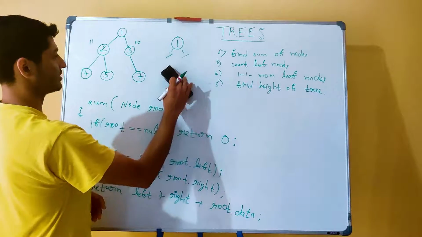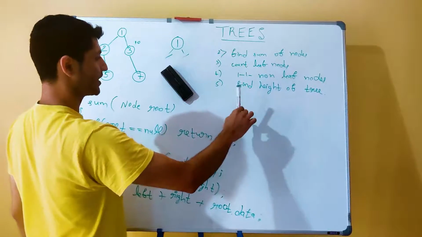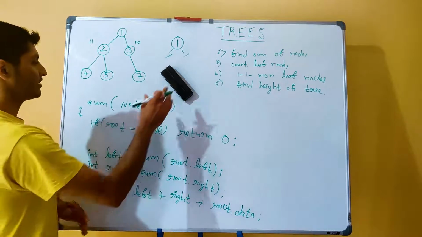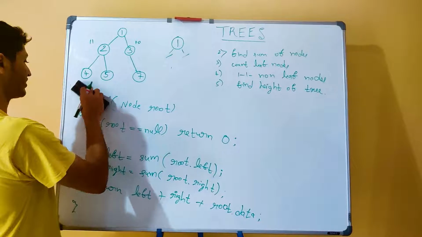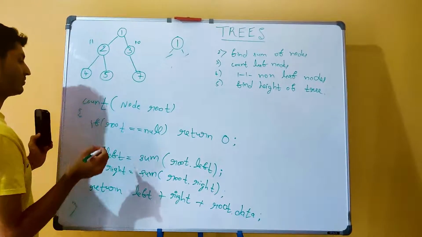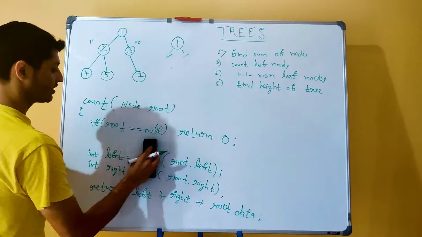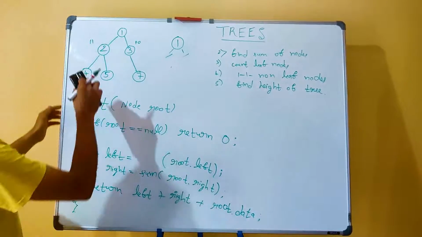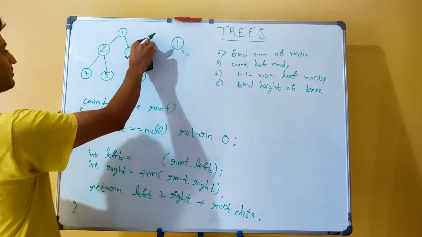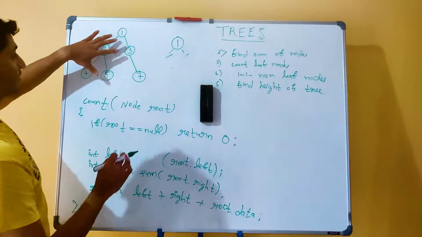So that is how we can think of this problem in a similar way. Similarly, if we consider this third problem, that is count the leaf nodes. Okay, assume that I'll change the function name to count. Here also, assuming that you already have the solution to left and right subtree.